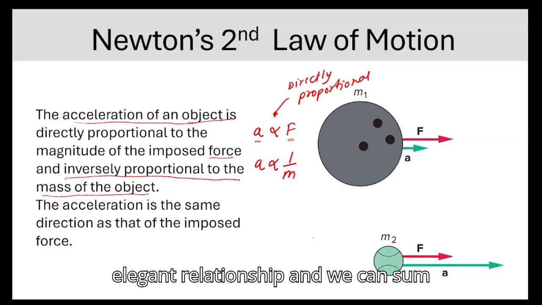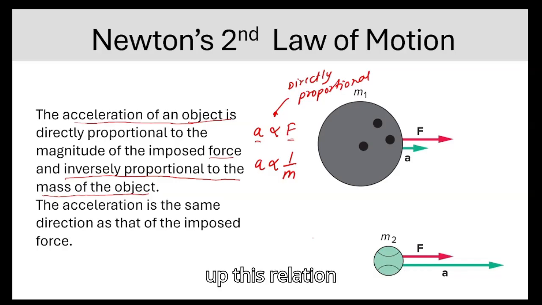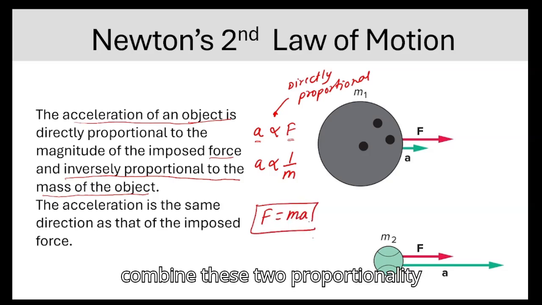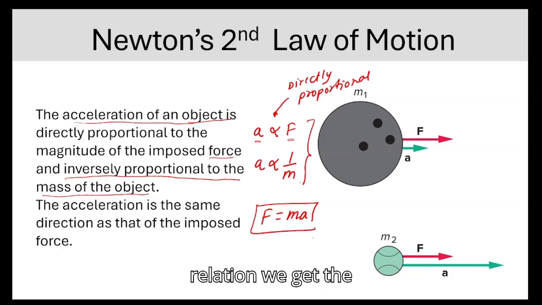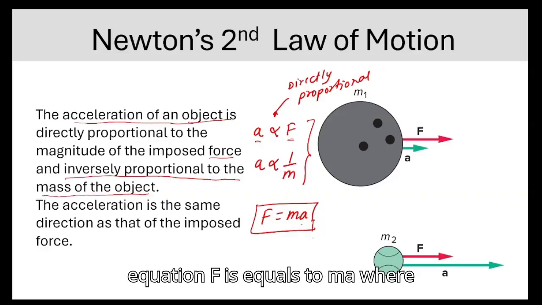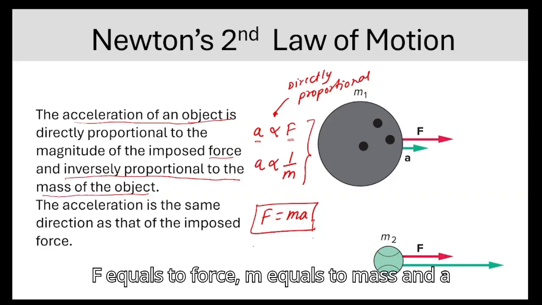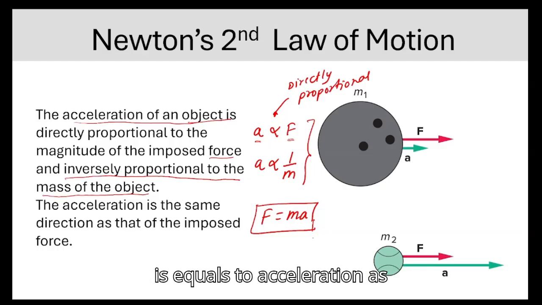It's simply an elegant relationship, and we can sum up this relation. If we combine these two proportionality relations, we get the equation F equals ma, where F equals force, m equals mass, and a equals acceleration.